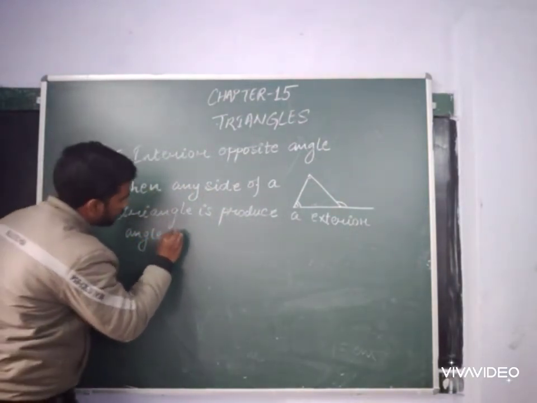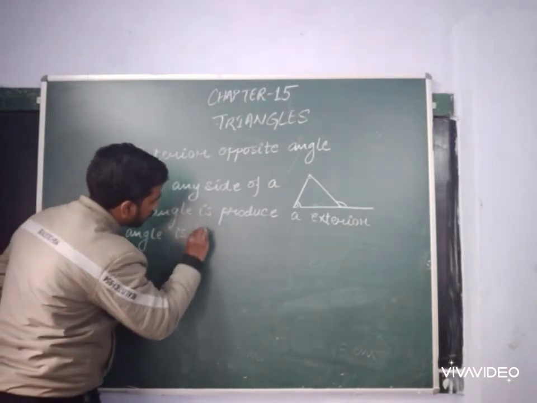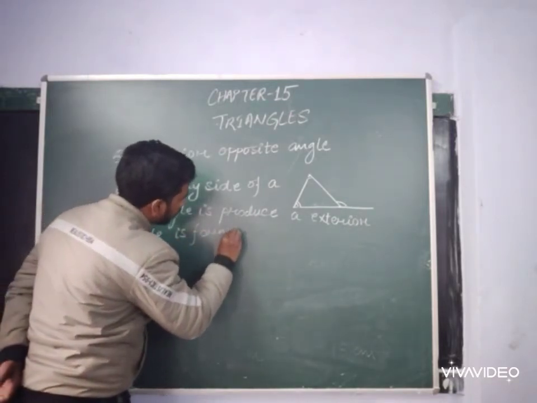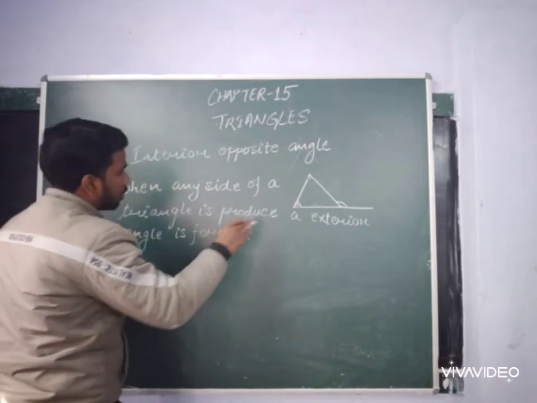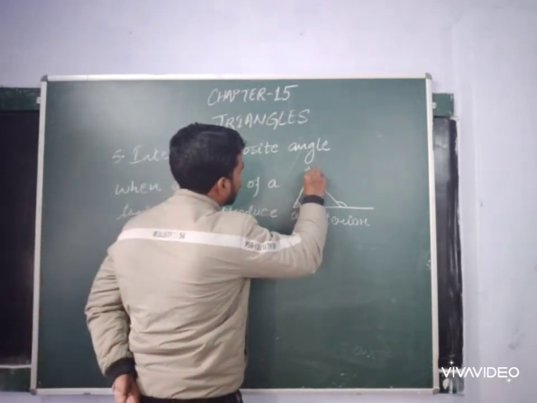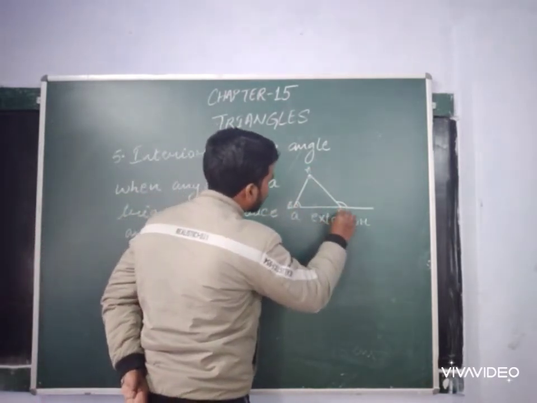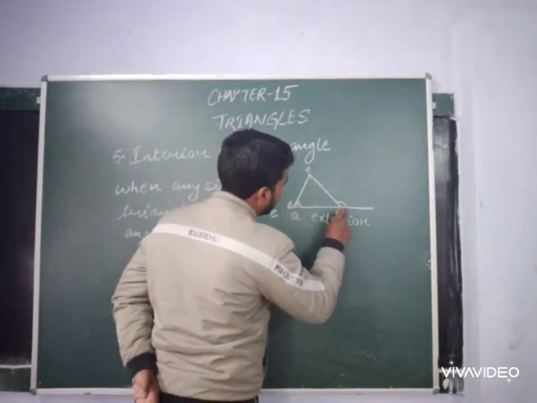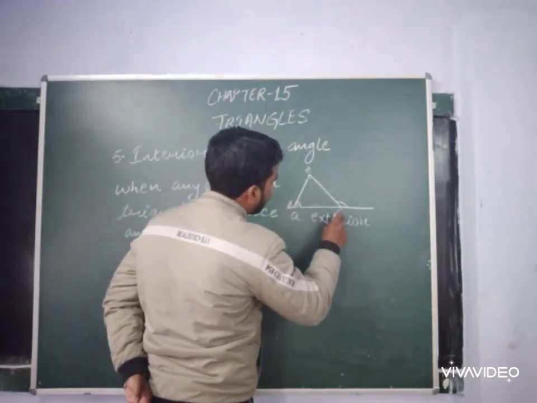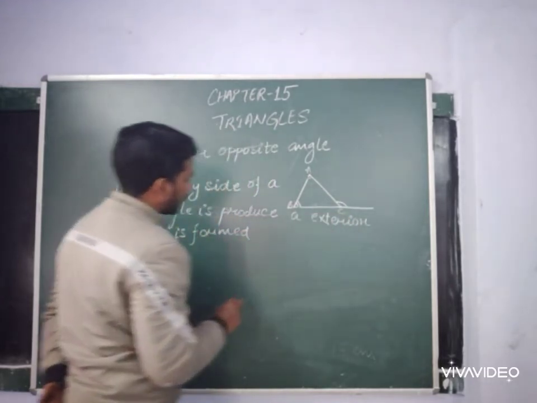You can see in the figure I have produced this side, so the exterior angle is forming at vertex C.